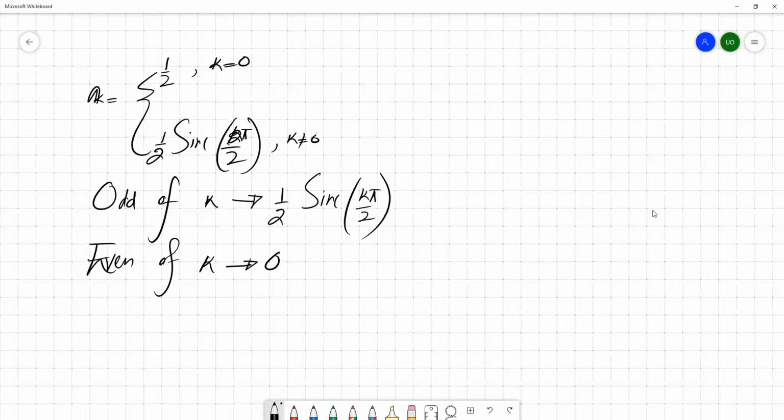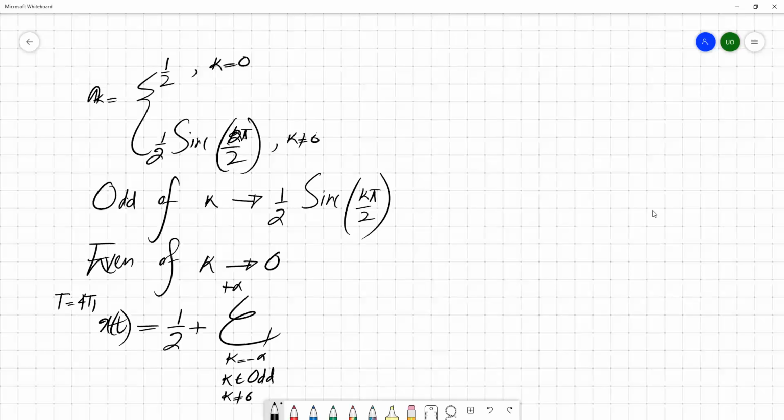So if you want to represent this x(t) again using Fourier series, for the T equals 4 scenario, this is actually half, and the sum over k from minus infinity to plus infinity, where k only includes odd values and the k not equal to 0 case, we have this.